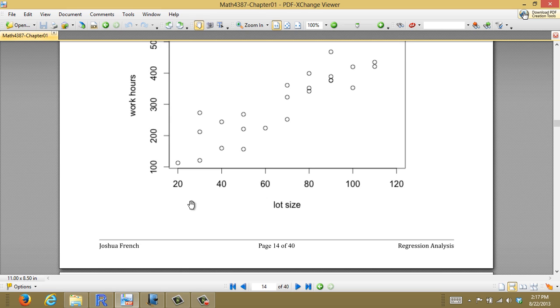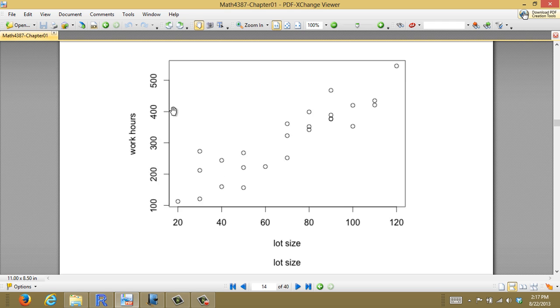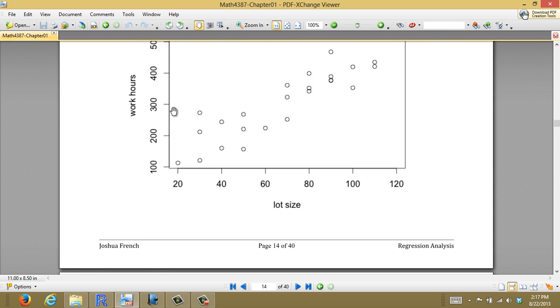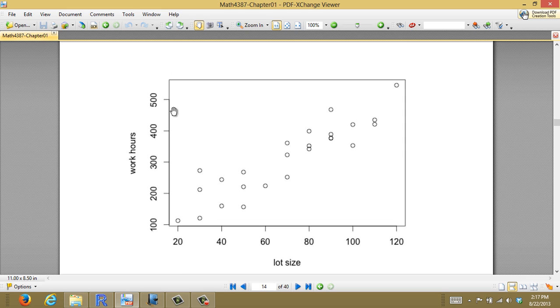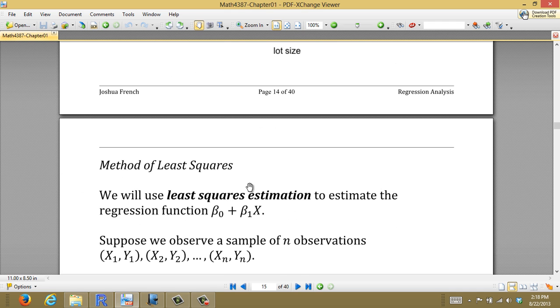We have a plot here of the observations: the lot sizes that were produced and the number of work hours it took to produce each of those lots. The company wants to optimize this function in some way. I really don't know what they want to do, I'll be honest. But there's something about this function that they want to know. Specifically, they want to know the average relationship between lot size and work hours, and then they'll use that information in some way that will benefit the company.